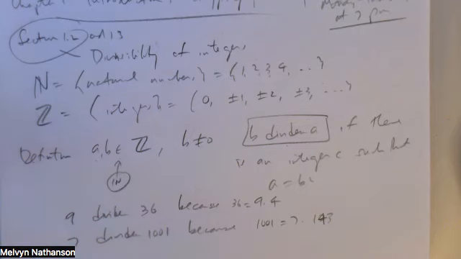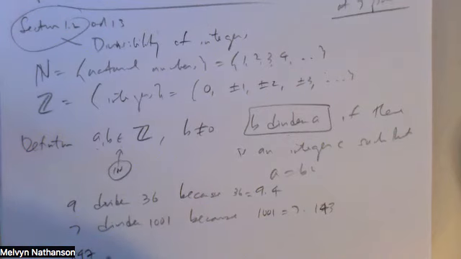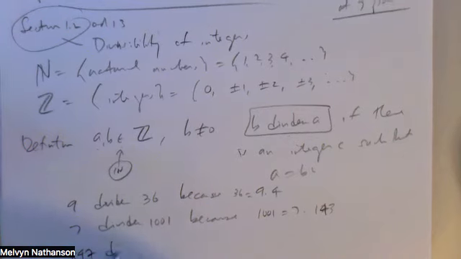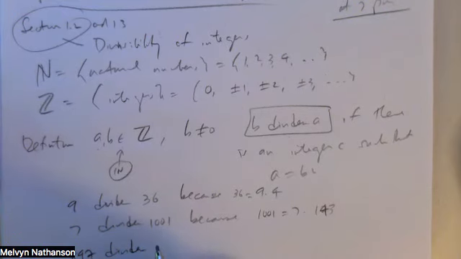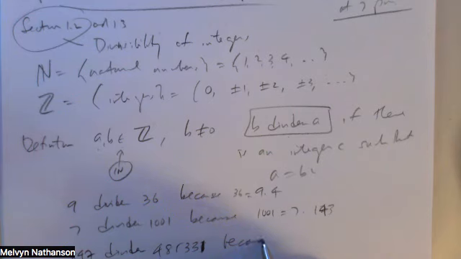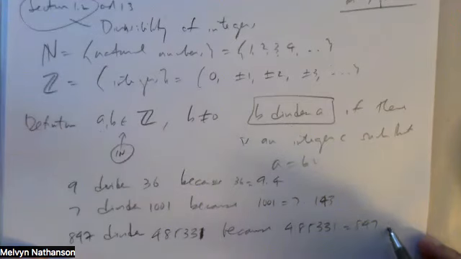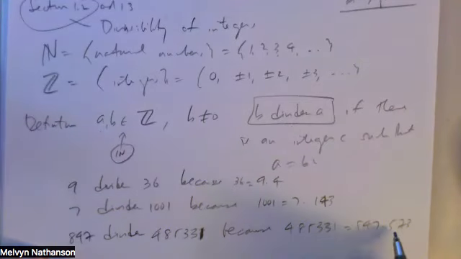So this is the basic notion of divisibility, and some things aren't obvious when you just look at them, but as the book observes, 847 divides 485,331 because 485,331 is 847 times 573.